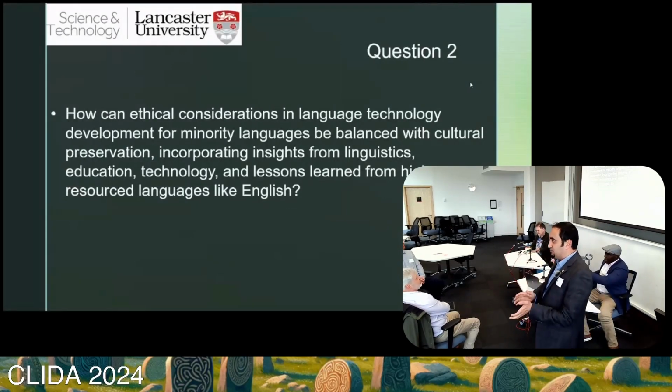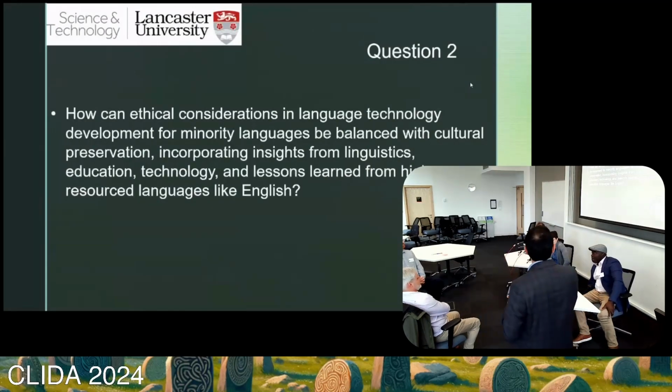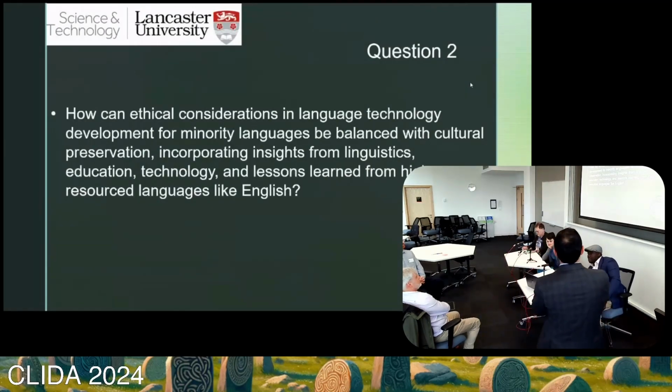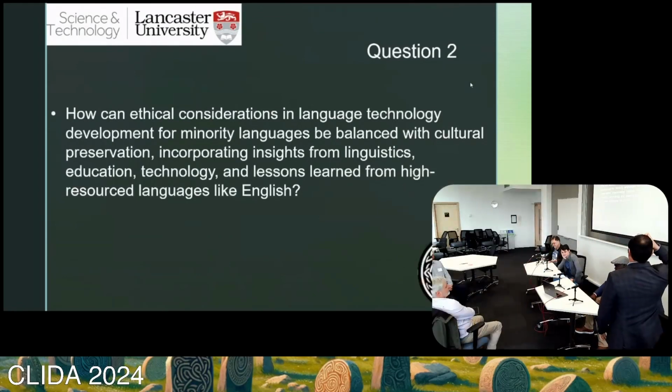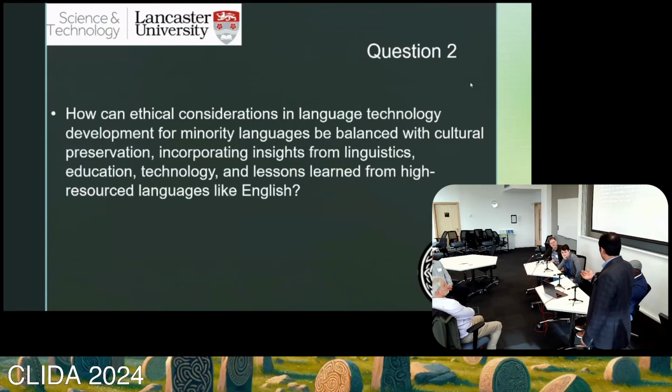So how can we make sure that ethical consideration in language technology for minority languages can be balanced with culture preservation? You don't want to just create something and not worry about the culture. You want to make sure that whatever you're creating, as Ignatius said a moment ago, actually speaks to your language in a digital world.